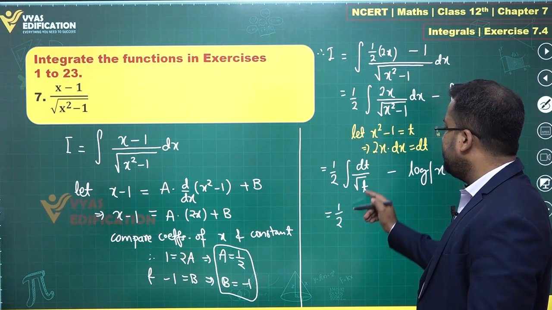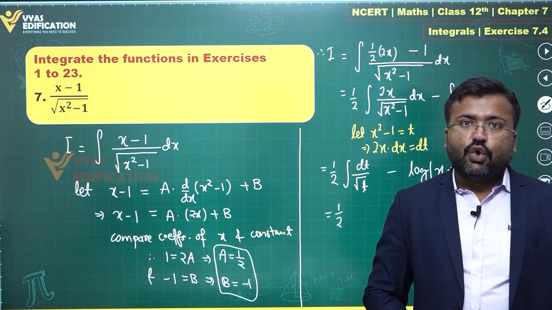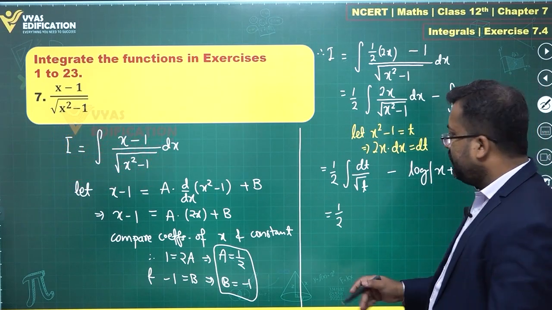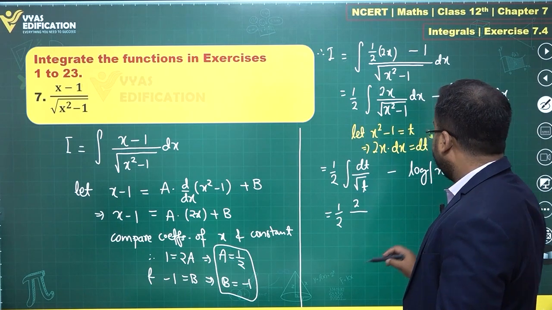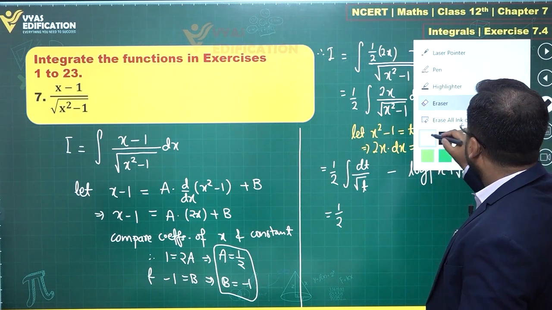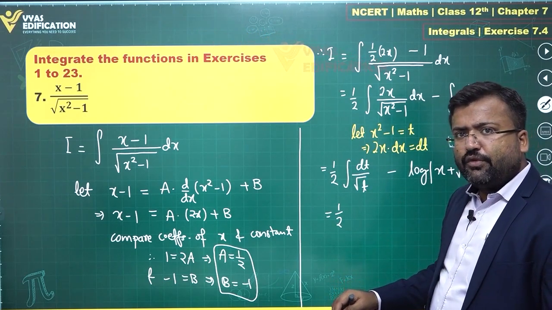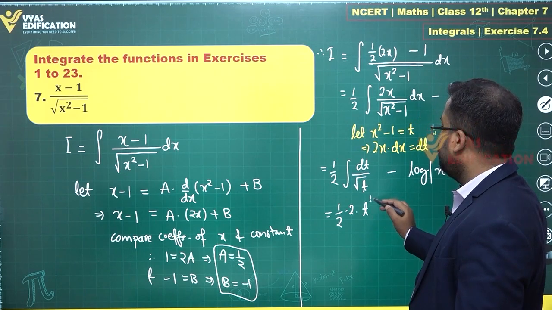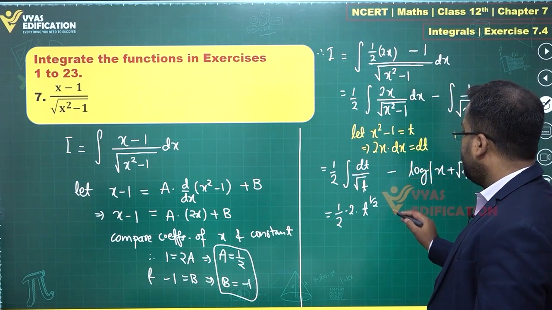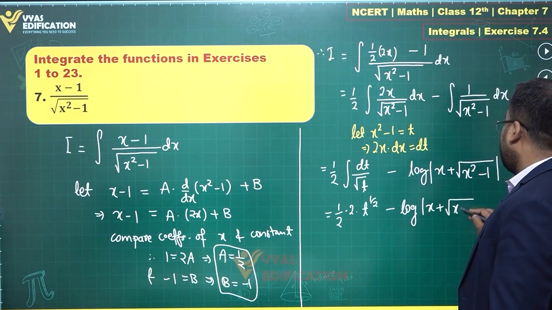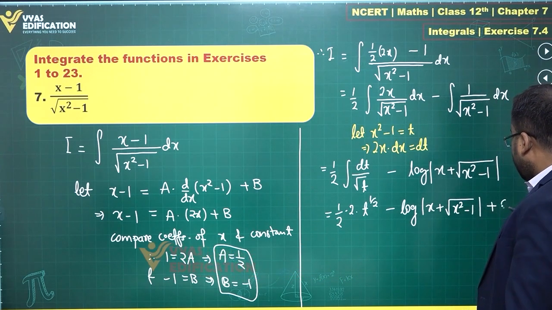This 1 by 2 integral is simple. It is t power minus 1 by 2, and what is that equal to? t power 1 by 2 upon 1 by 2. From the denominator, the 1 by 2 will come in the numerator, so this becomes 2 times t power 1 by 2, minus log modulus of x plus under root of x square minus 1, and plus a constant of integration.